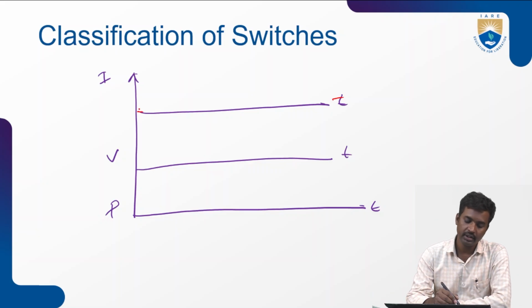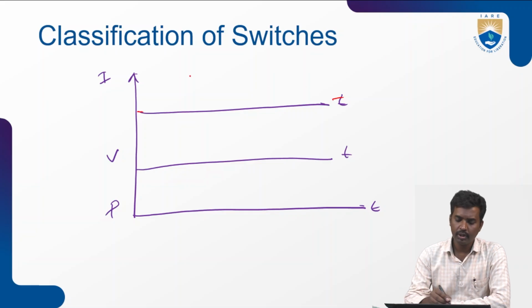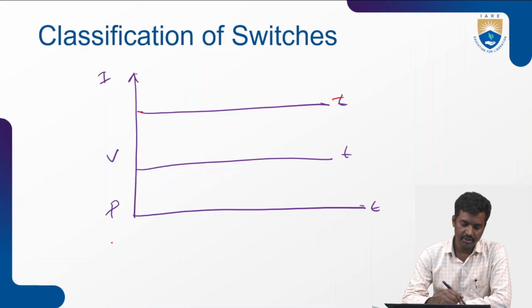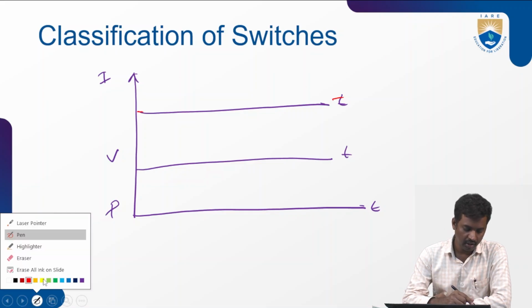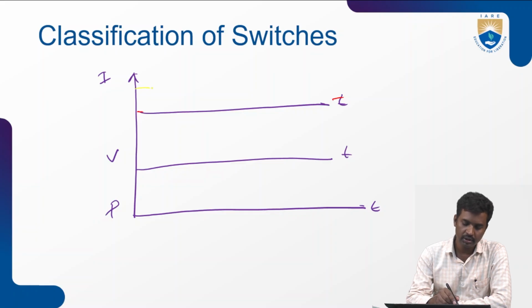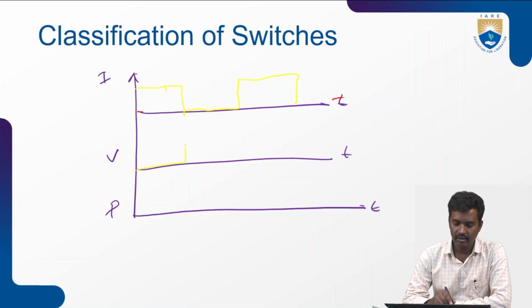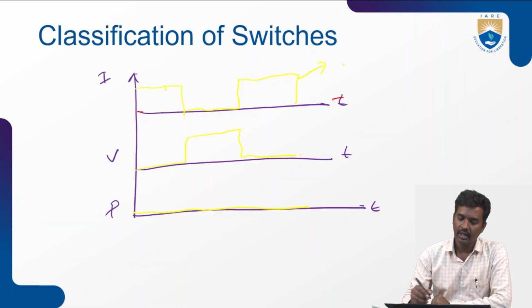During the turn on condition, in the previous diagram I will draw with this yellow color. So this is the ideal case. This yellow color represents the ideal case, and it is completely 0, so this is the current.